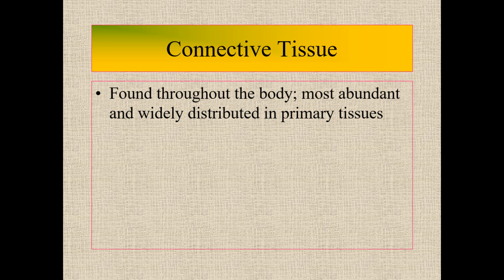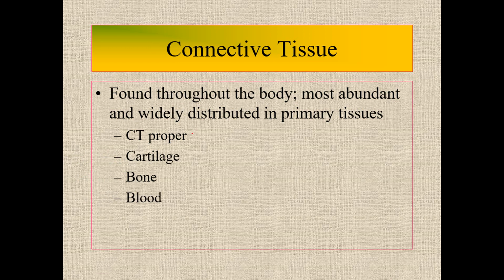And we already know from going over epithelial tissue that CT is found deep to every single bit of epithelial tissue. We can subdivide CT into 4 distinct categories. We have CT proper, we have cartilage, bone, and blood.